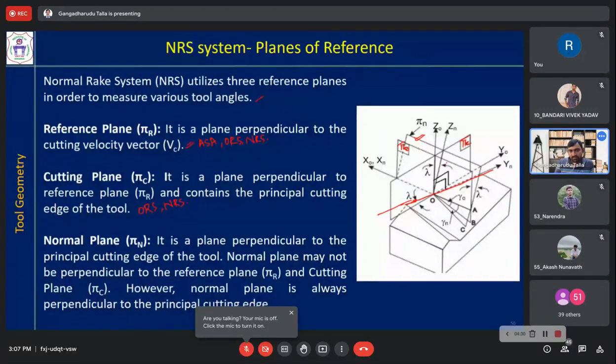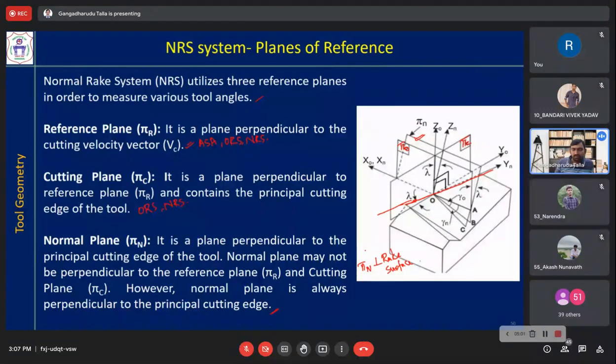It is not perpendicular to pi r and pi c. In fact, it is perpendicular to the rake surface. Pi n is perpendicular to rake surface. The principal cutting edge is a part of rake surface only.